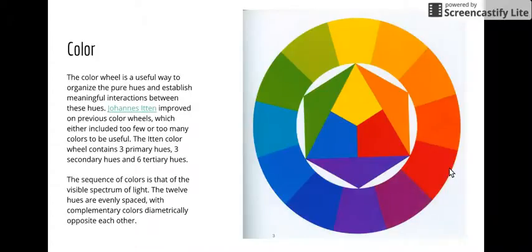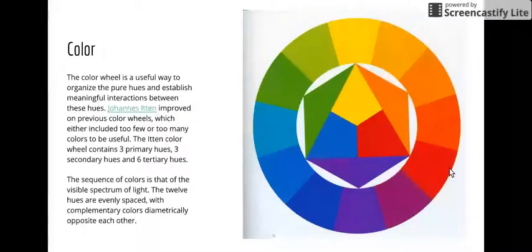The color wheel is a useful way to organize the pure hues and establish meaningful interactions between these hues. A scientist and an artist named Johann Eaton improved on previous color wheels, which either included few or too many colors to be useful.